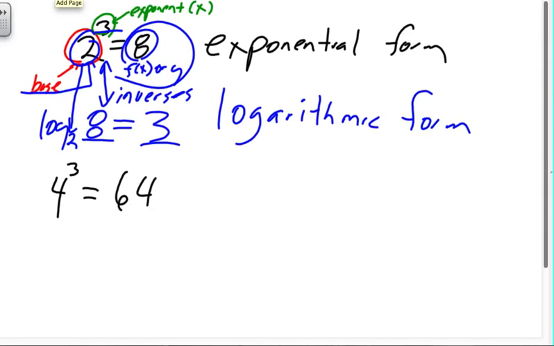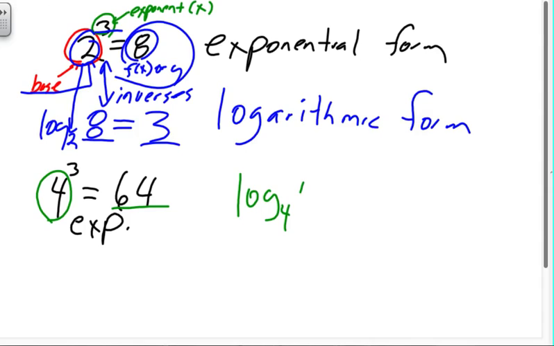Okay, so this is exponential form. We want to write this in logarithmic form. So to do that, I start out with log. There's my base. So I put that down below log. Then I take my y value and my x value. And there we go.